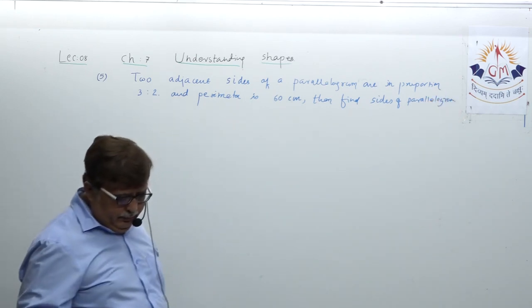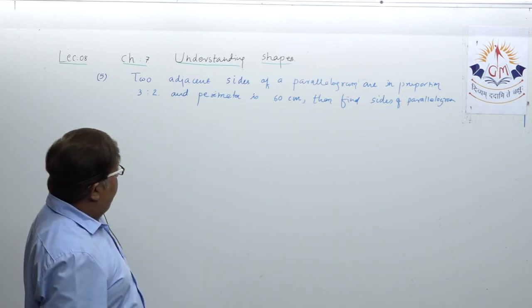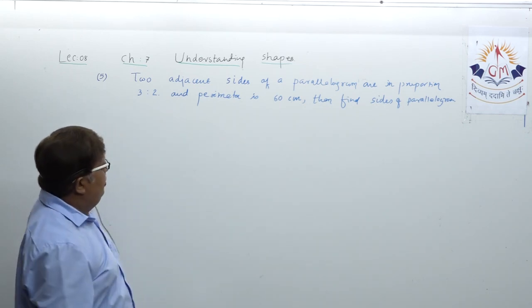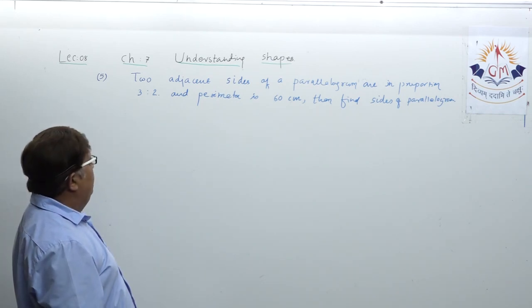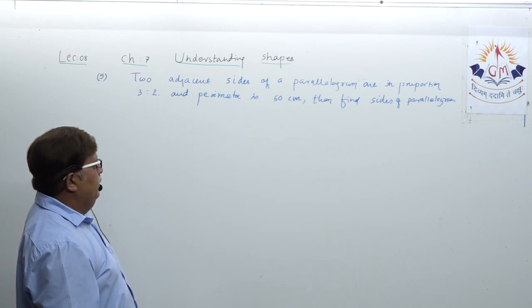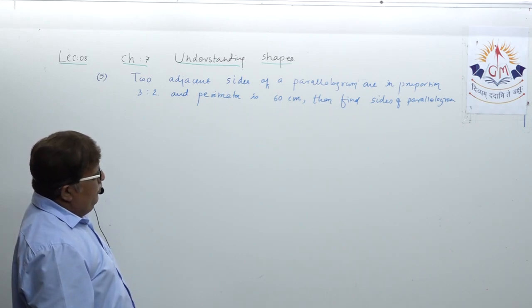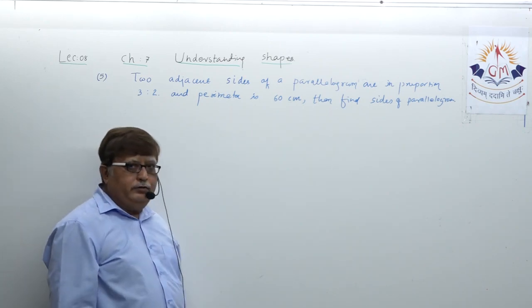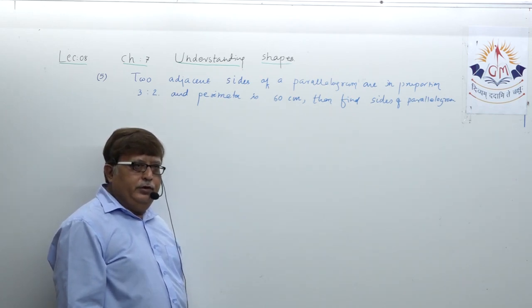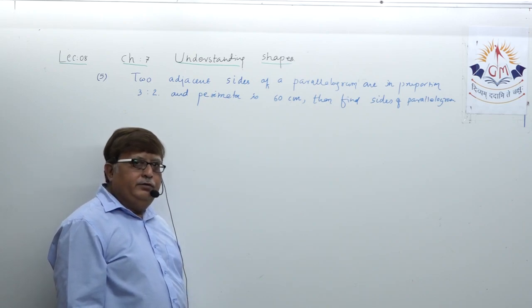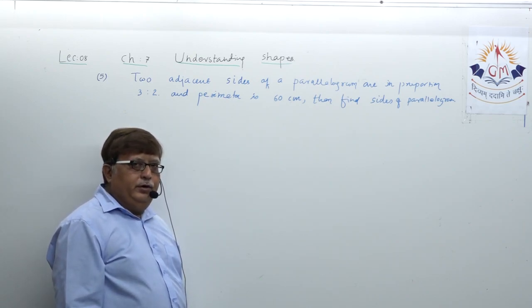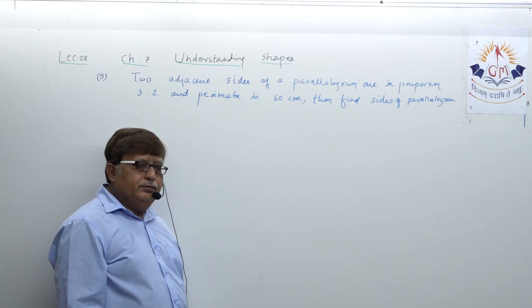The adjacent sides of a parallelogram are in proportion 3 is to 2 and the perimeter is 60 centimeter. Then find all sides of parallelogram ABCD.